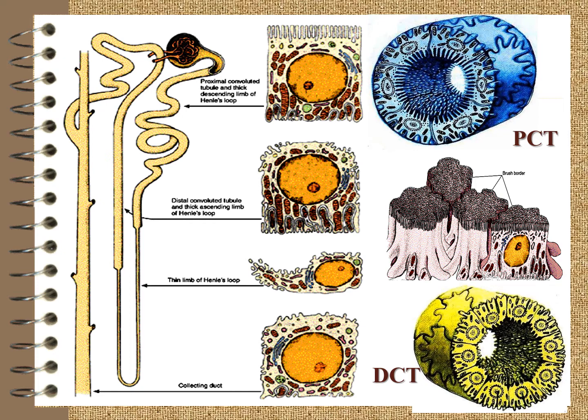Blood is filtered as it passes through the renal corpuscle. The tubules have 5 anatomically and functionally different parts. The proximal tubule, which has a convoluted section, the proximal convoluted tubule, followed by a straight section, the proximal straight tubule.